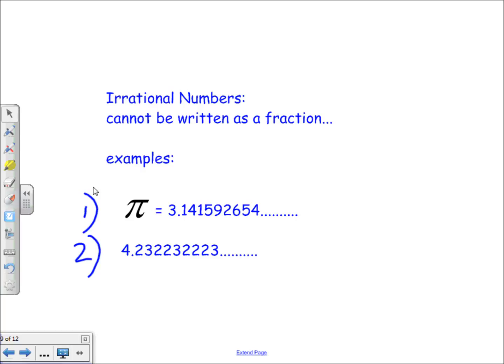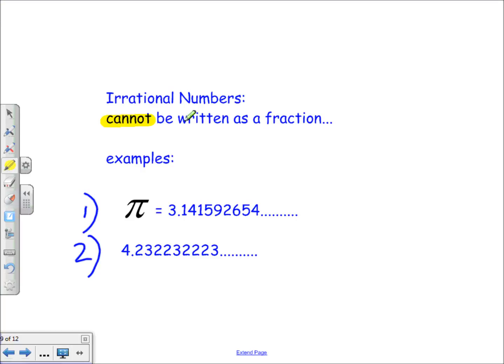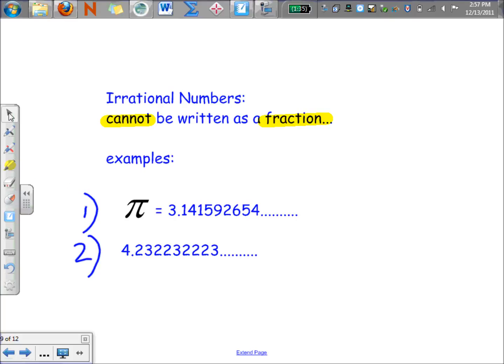Irrational numbers are numbers that cannot be written as a fraction. Irrational numbers. Write that down, please. An example of an irrational number is pi. 3.141592654. It never repeats. It cannot be written as a fraction.